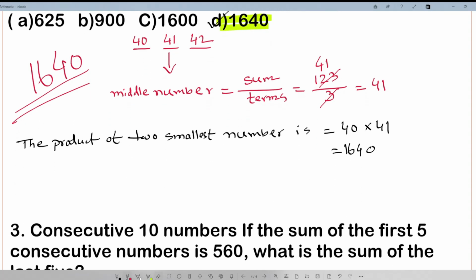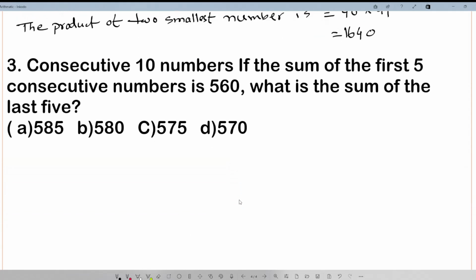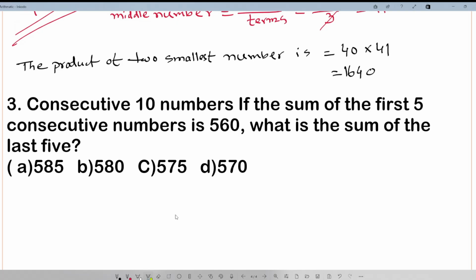Number 3. Here are 10 consecutive numbers. If the sum of the first 5 consecutive numbers is 560, what is the sum of the last 5? So for this one, the first 5, it means 1, 2, 3, 4, 5.